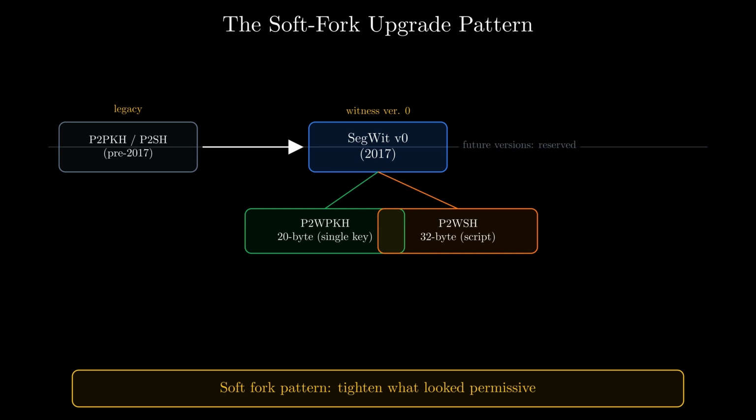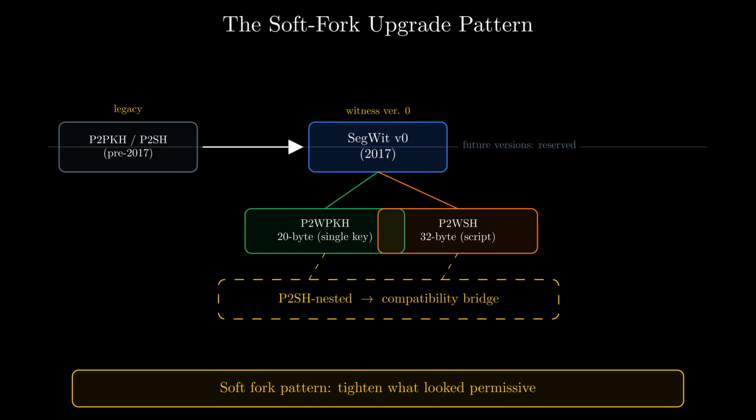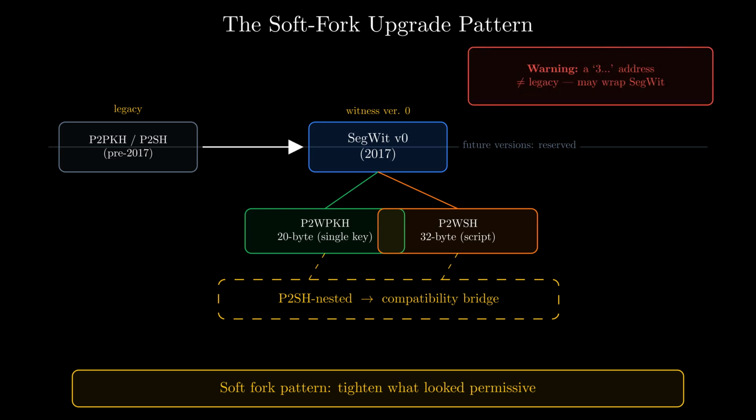Future versions remain free for new constructions. P2SH nesting provided the escape hatch, letting the network adopt incrementally instead of all at once. One warning carries forward. A 3 address tells you nothing about whether the recipient is SegWit capable. It might wrap a SegWit program, it might be classic multisig.